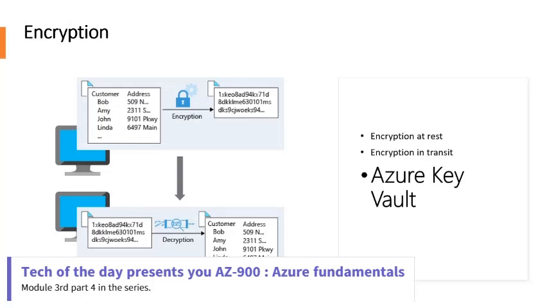Key Vault makes it easier to create and control the encryption keys used to encrypt your data. You can use Azure Key Vault for certificate management, which is SSL certificates, TLS certificates, and secrets backed by hardware security modules, HSMs.